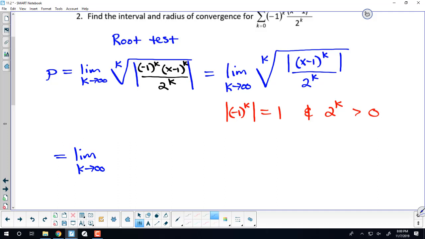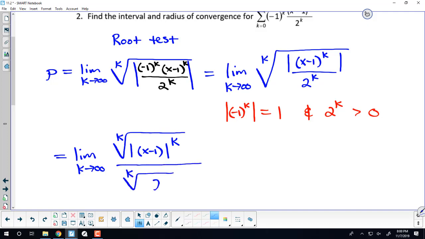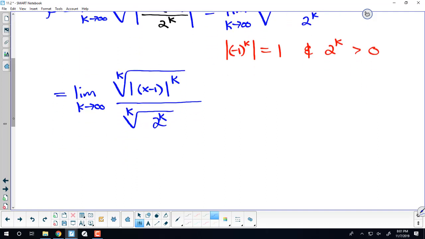So we could say it's the kth root of the absolute value of x minus 1, that quantity to the k. Let's just write it like this. The absolute value of x minus 1 to the k, and we're taking the kth root of that, over the kth root of 2 to the k, sorry. And then that's where the root test helps us.